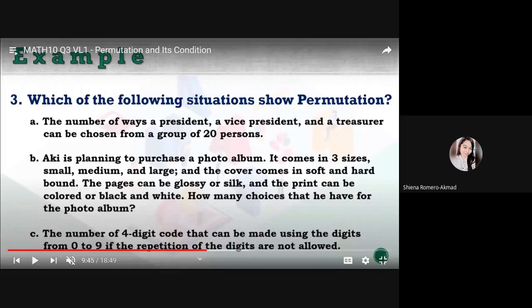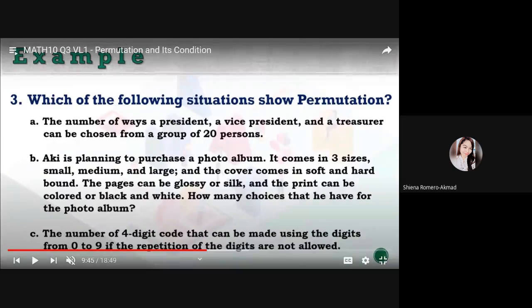Kahit pinagbali-baliktad mo yung mga numbers na yun, di ba? It will produce different arrangements. Like for example, 1, 2, 3, 4 is different from 2, 1, 3, 4, and so on and so forth. Kahit yun lang yung number na gusto mong gamitin, pero you change the arrangement.